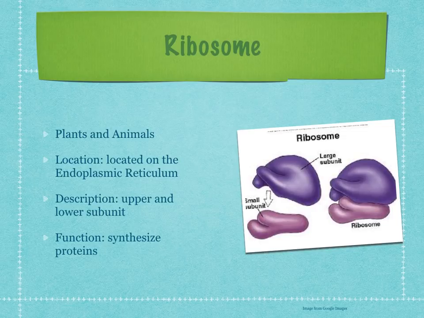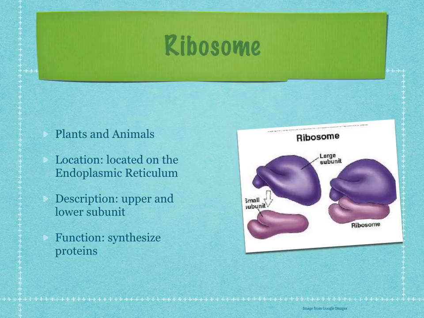Ribosomes are found in plants and animals, and remember that these are the non-complex organelles that are found in prokaryotic cells as well. They are located on the endoplasmic reticulum, so that's going to be that rough ER. So what makes it the rough ER is the fact that these ribosomes are actually located on the endoplasmic reticulum, and we'll see that in the next slide.